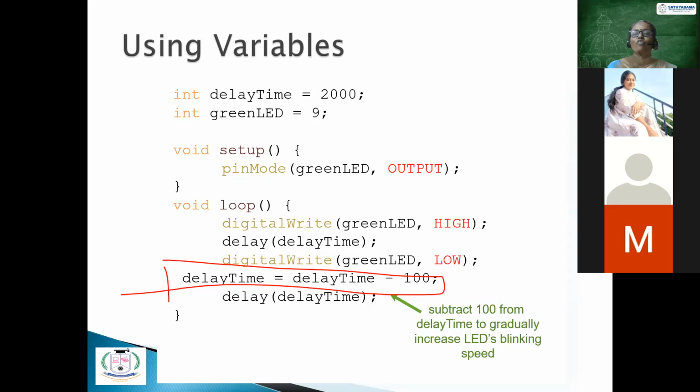Now it is 2 seconds on and off, and you're subtracting 100 from each loop. Then automatically the seconds keep on decreasing, so the LED glow on and off will get faster. So the same thing I told you: one program, one coding will do multiple operations. You connect one hardware, and whatever you have learned will increase your programming capacity. That's very important.